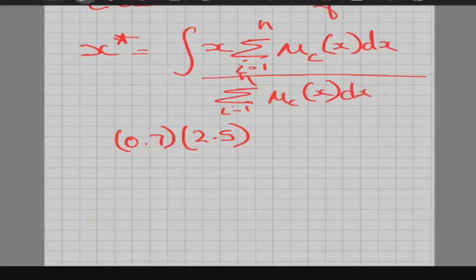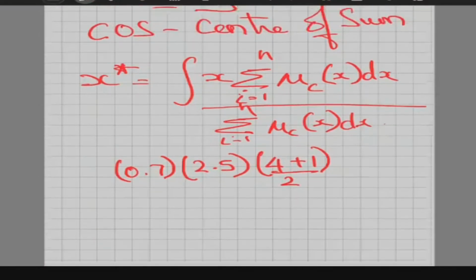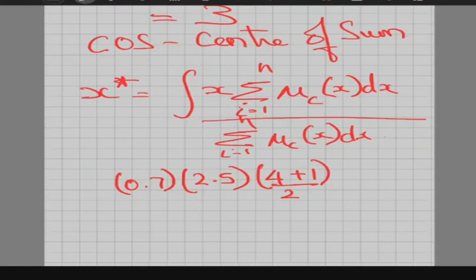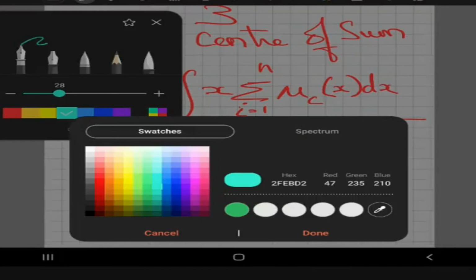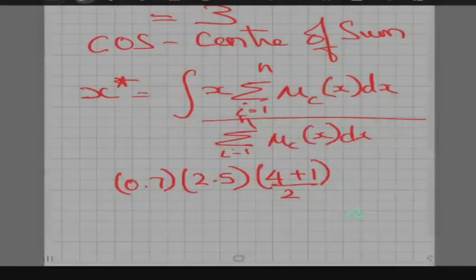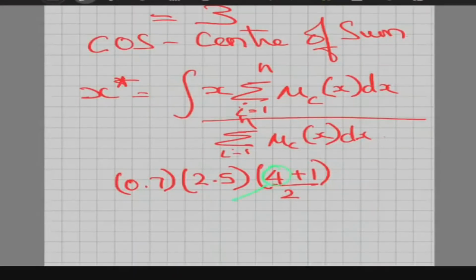Mean value, and you will be having one more center of sums, which is... understand this now clearly. Now this 4 is going to be the base, which is 4 units.